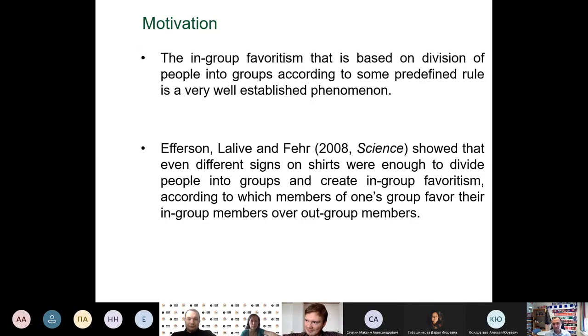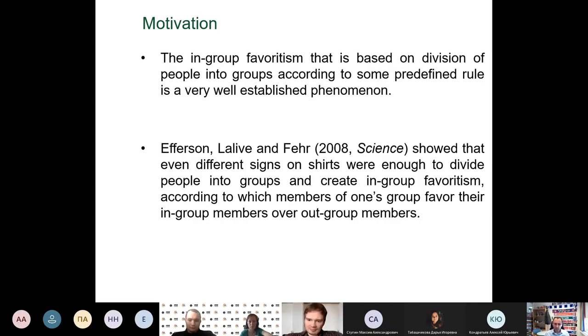But this is not really about ski jumping. We are talking about in-group favoritism, which is based on division of people into different groups according to some rule. And unfortunately, this in-group favoritism is a very well-established phenomenon that just refuses to disappear, even in 2021.